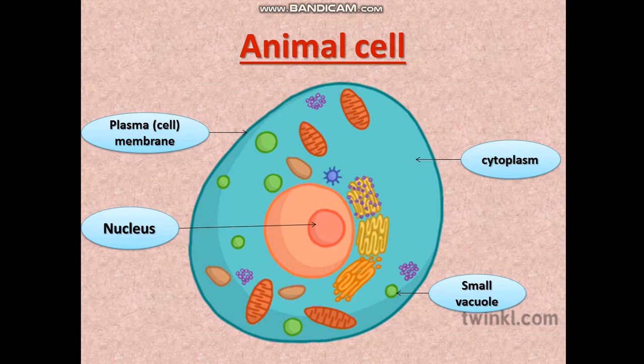Excellent. The green plastid doesn't exist. So, the animal cell doesn't have cell wall and green plastid.